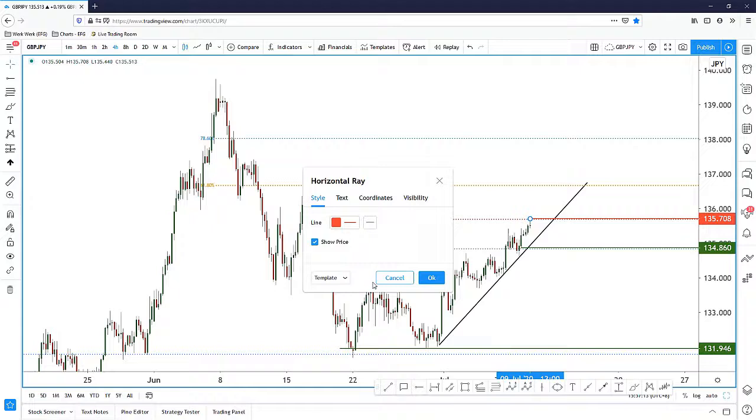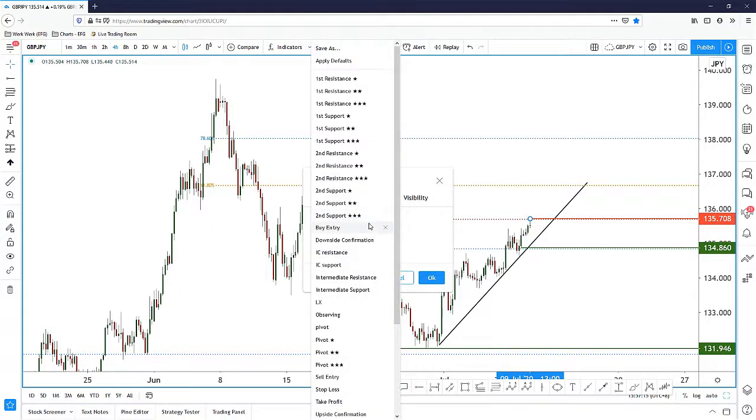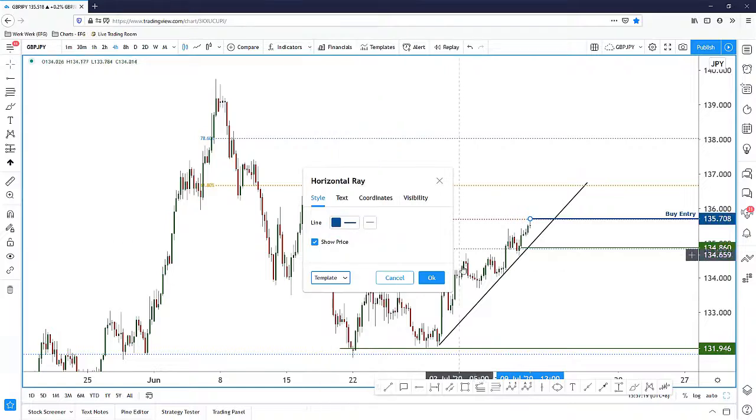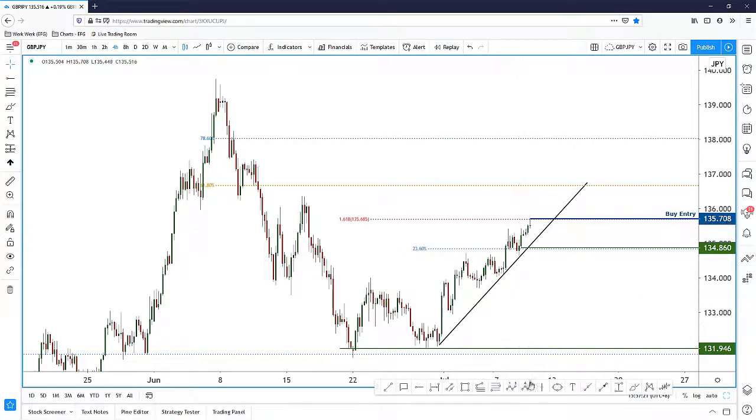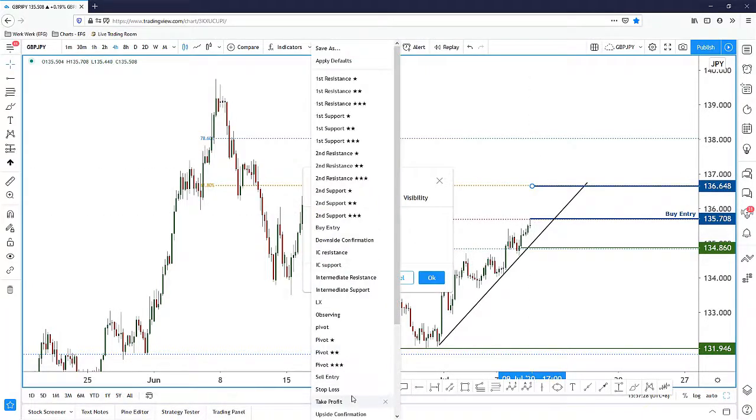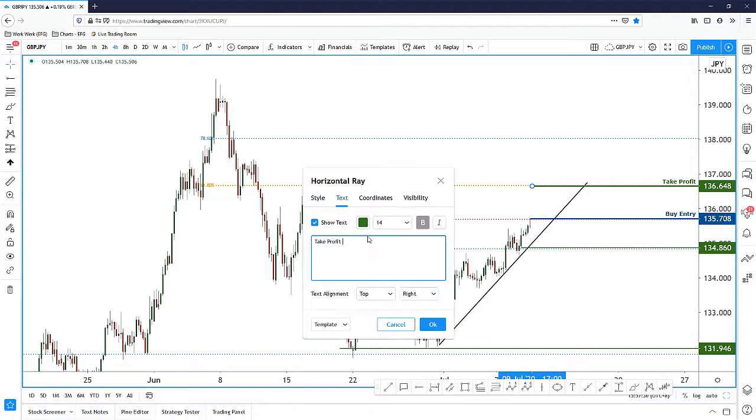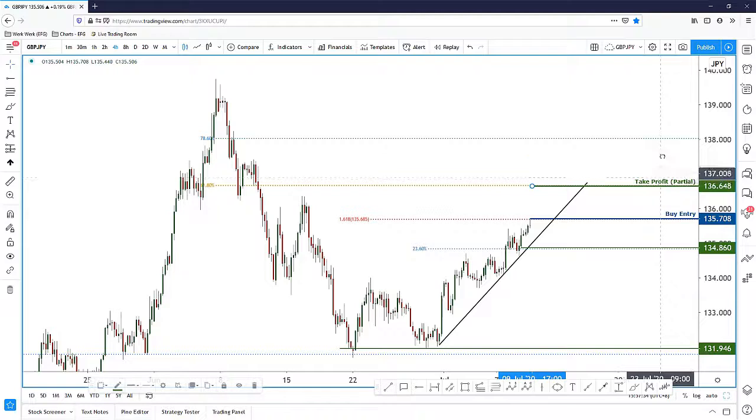For the sake of everybody here, I'll think more in terms of being a conservative trader. I have my buy entry confirmation at this level, and then of course my partial take profit at this level, followed by my full take profit at this level here.